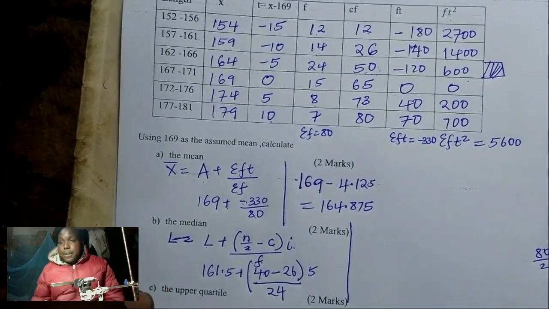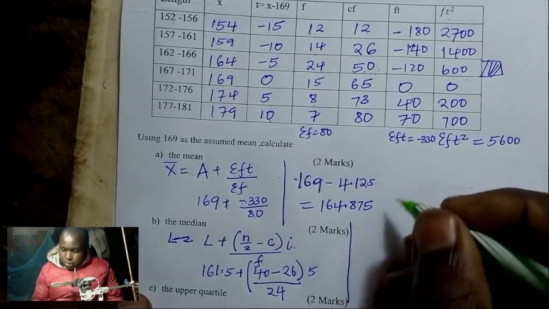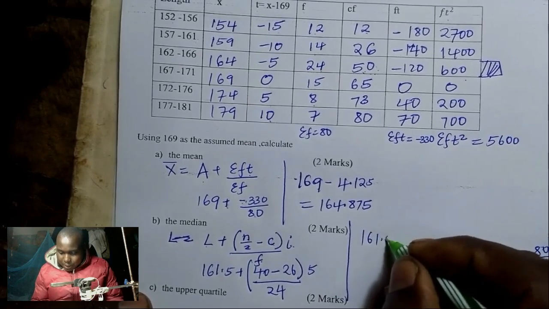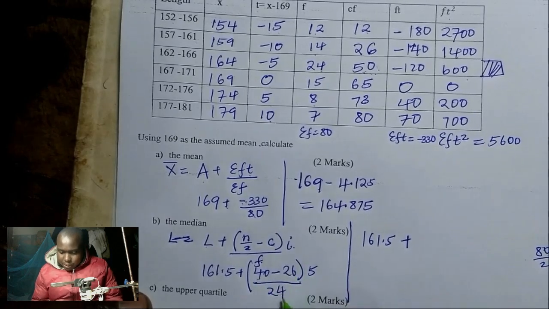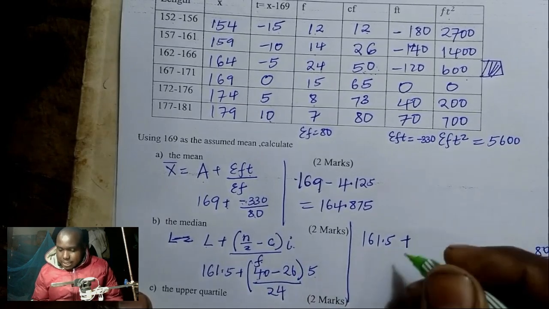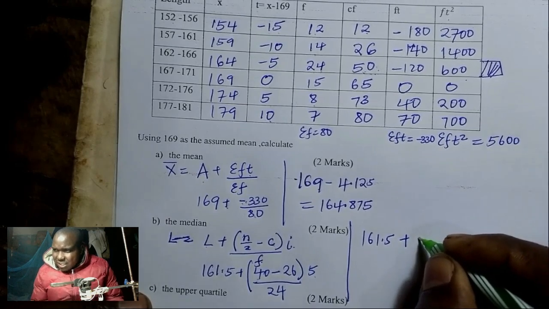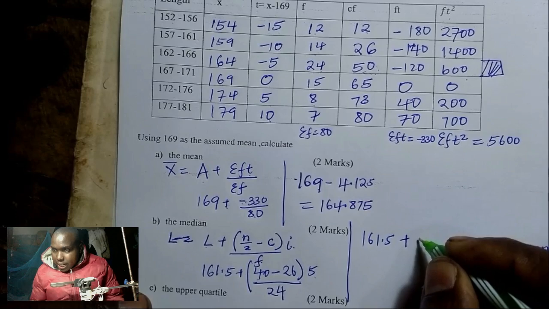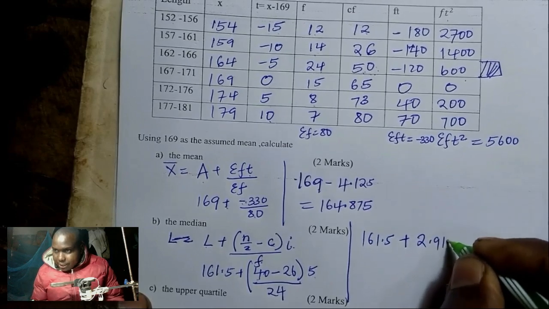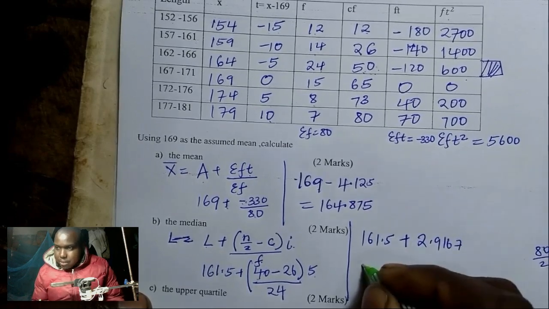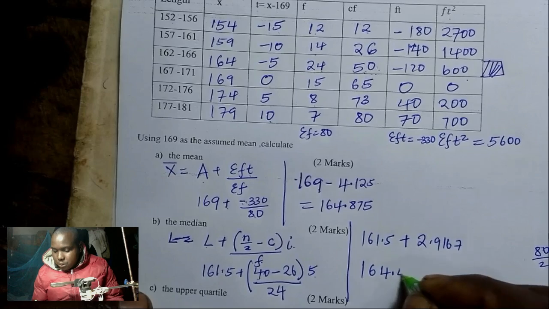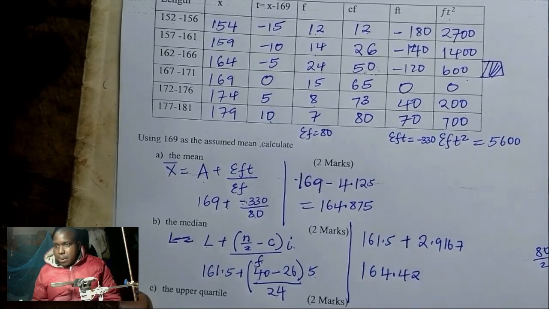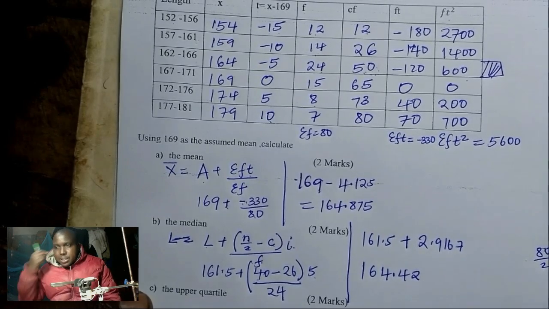So this is 161.5 plus, you divide by this, and then times 5, you get the answer as 2.9167, and then the median is 164.42, and that is our median, 164.42.